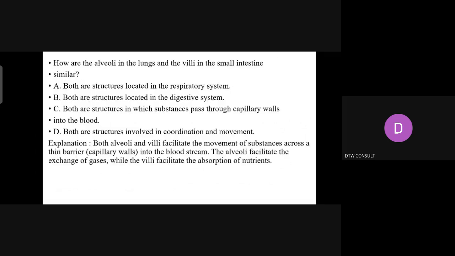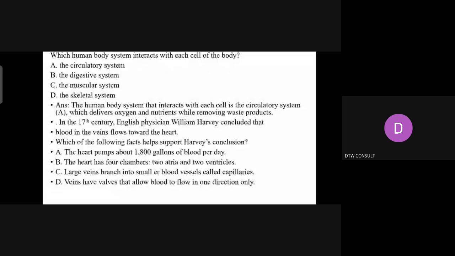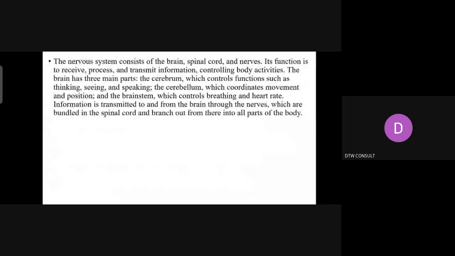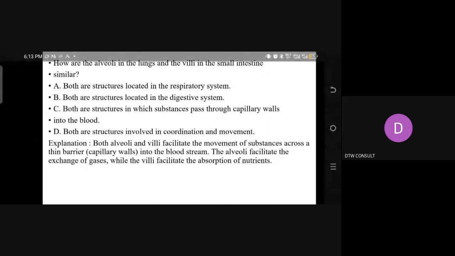Now, let's look at some questions that will help us have a proper understanding of what we are doing today. It says, how are the alveoli in the lungs and the villi in the small intestine similar?